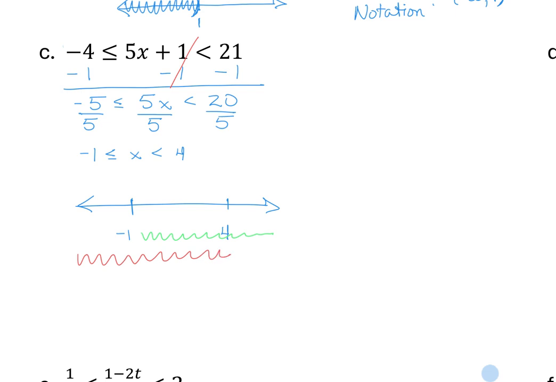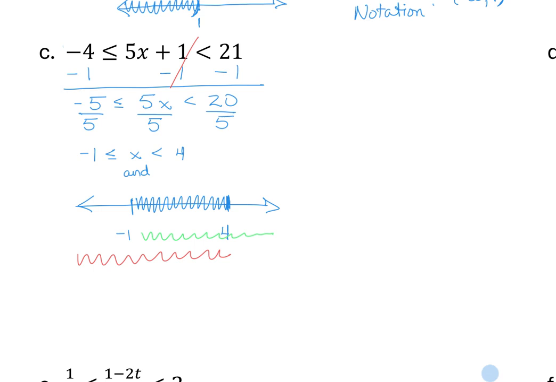And the ones that are covered up by both of these, the numbers that satisfy both of these, are the numbers that are in the middle. And that's what we want. This is an AND statement, and so it has to satisfy both inequalities. All right, so we have the middle shaded.